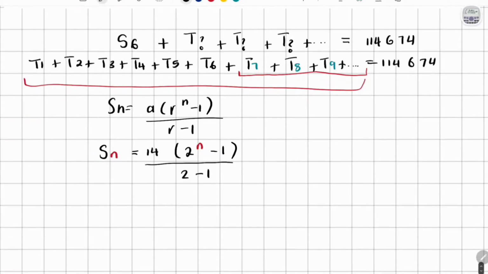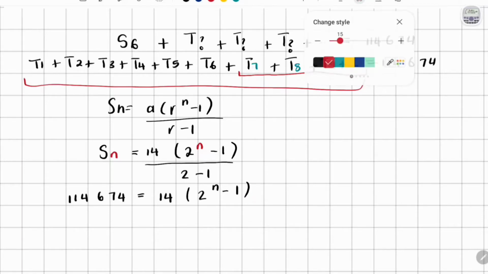Now the value of Sn, the sum of these terms, the total amount, is 114674, which is equal to, and we can simplify this as 2 minus 1 is 1. Anything over 1 really just stays the same because it's all being divided by 1. So I'm just going to keep this as 14 multiplied by 2 to the power of n minus 1.